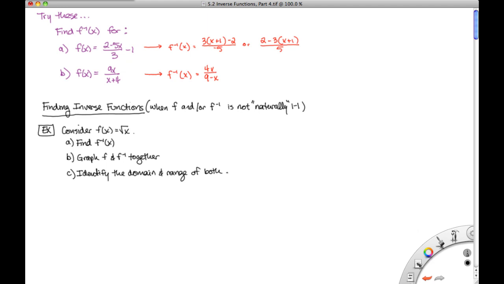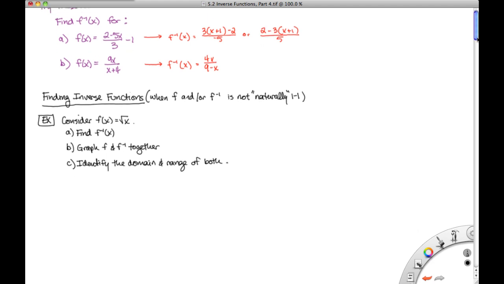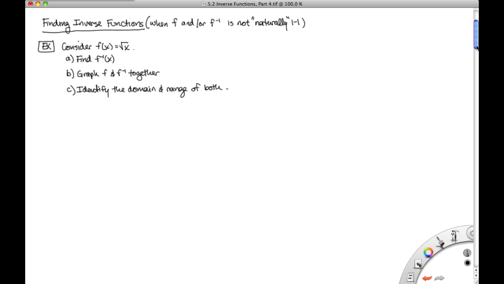So here what we're going to consider is if we're trying to find inverse functions, and if f or f inverse is not naturally one-to-one, how do we deal with this? Well, let's start by considering an old friend. This is a function we've dealt with a lot. This is just f of x is equal to the square root of x.